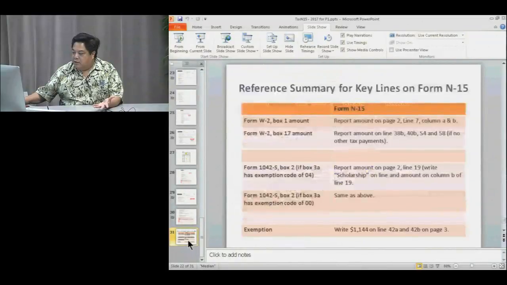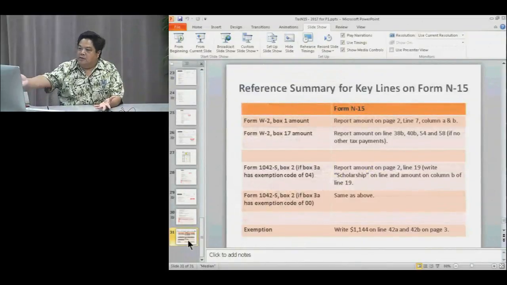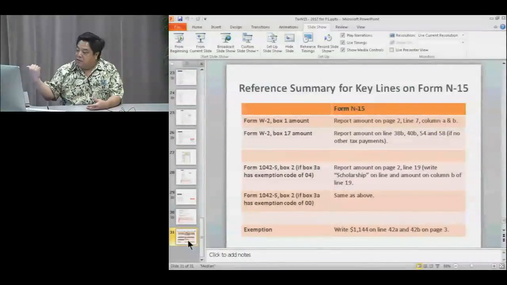So if you look at this, you have the W2 box 1 amount on the left side of your screen, and on your N15, the corresponding column says report amount on page 2, line 7, column A and B. So if you can follow this particular set of information, then you should be okay.